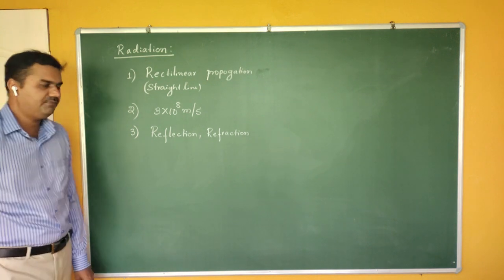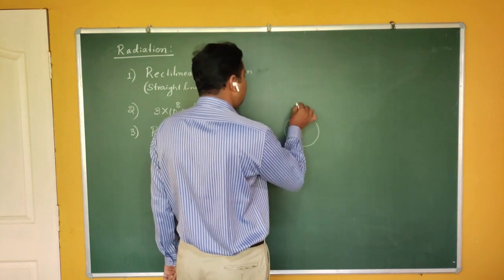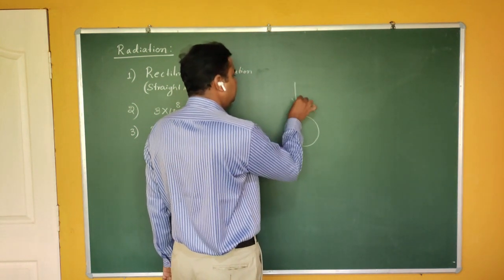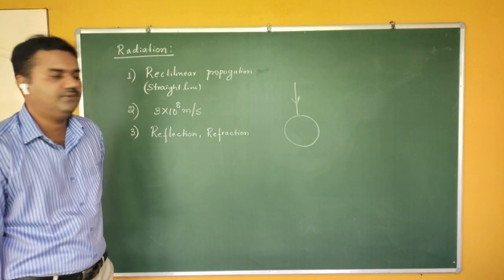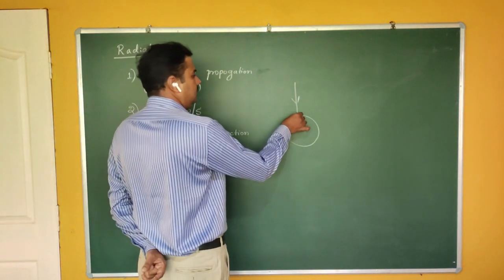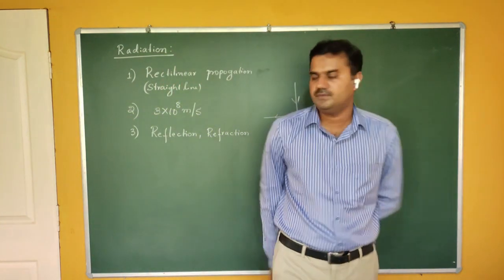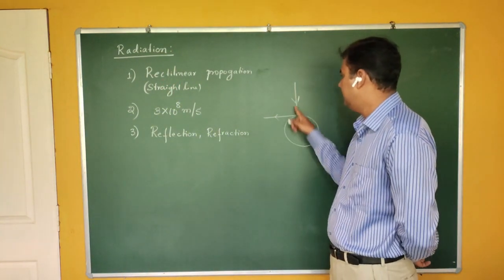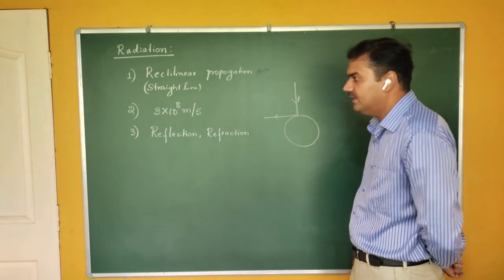What is meant by reflection? Reflection means that if the radiations are incident on a surface, they go back to the same medium. They come from one medium and go back to the same medium. That phenomenon is called reflection.